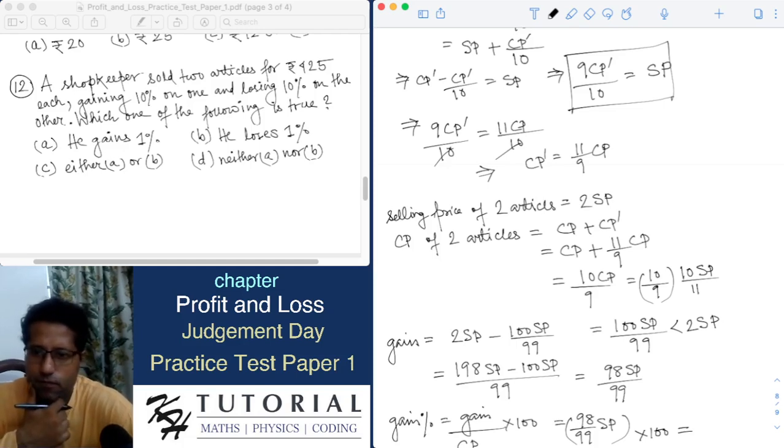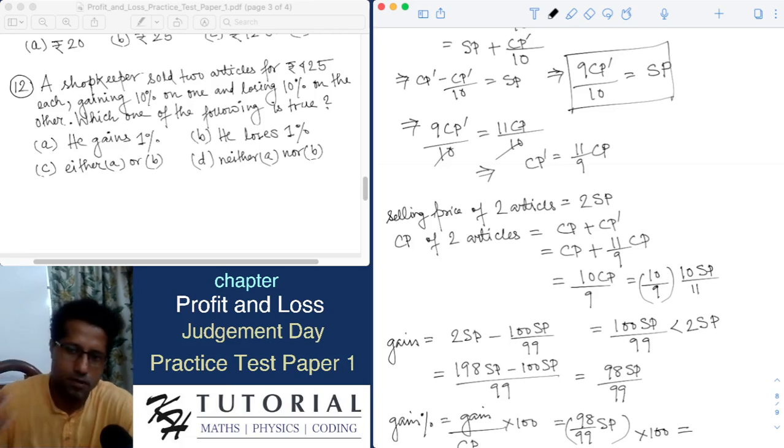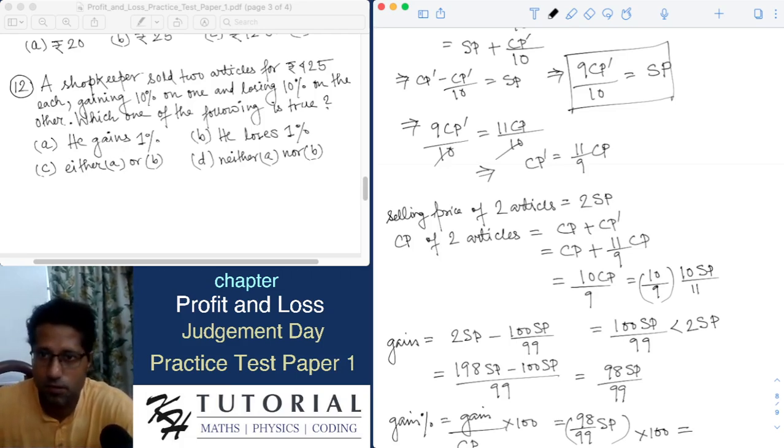So the cost price of two articles will be CP plus CP dash, which is CP plus 11 by 9 CP. Sorry, I did a calculation mistake.